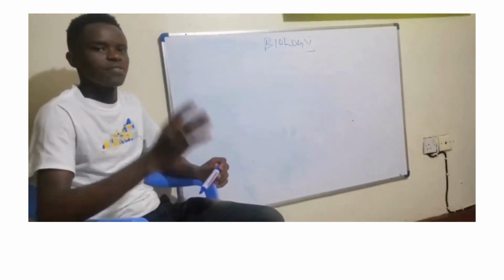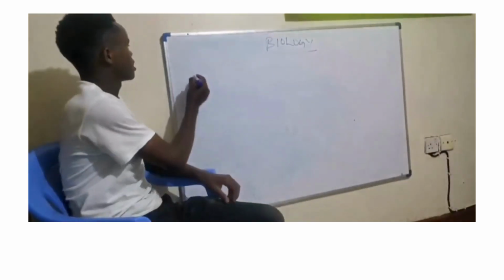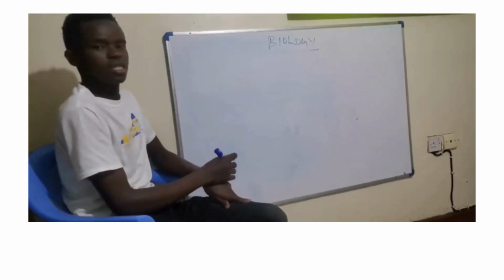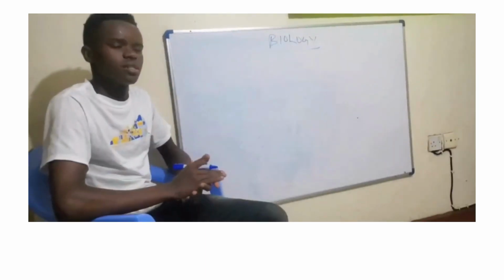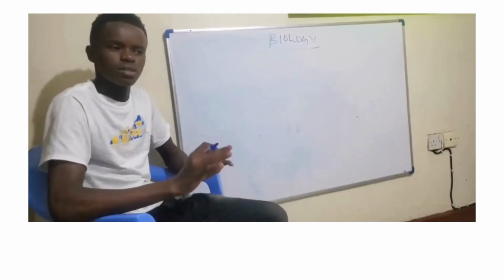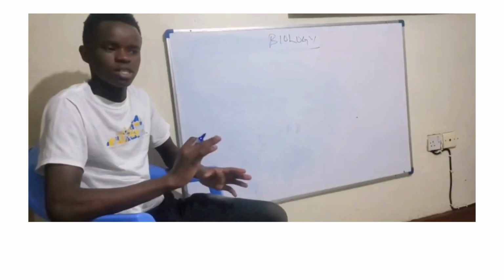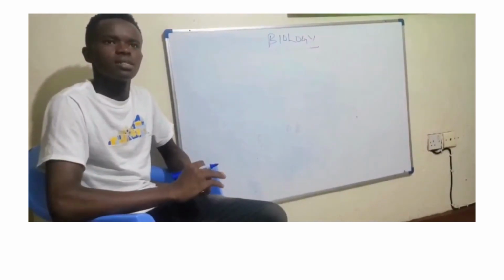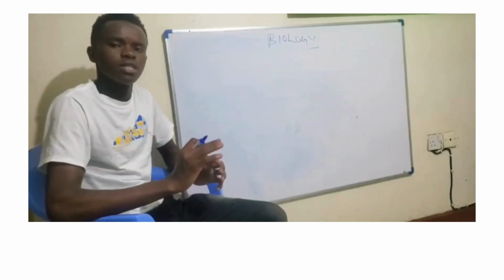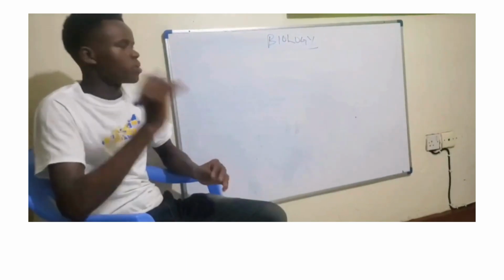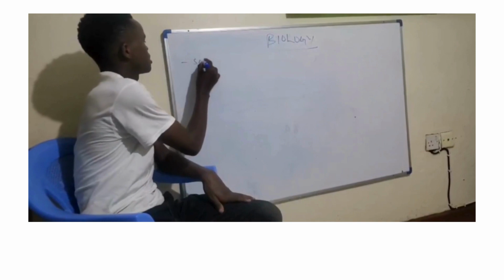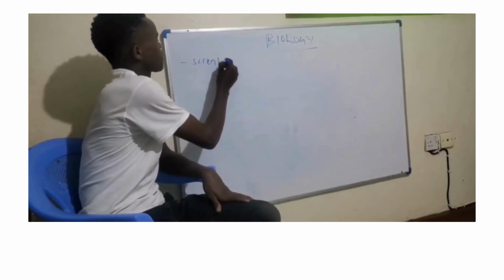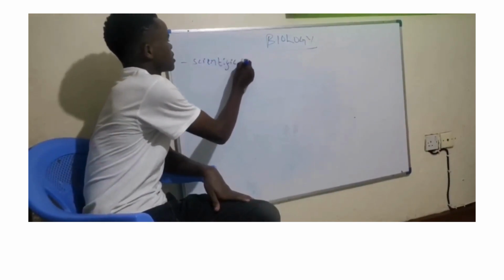Okay, now on the fourth importance, we didn't list the fourth importance of studying biology. Throughout your biology, taking biology as a subject in high school, at some point you'll have to go to the laboratory. And through the laboratory, you're going to acquire some scientific skills. So through biology, we can acquire scientific skills.